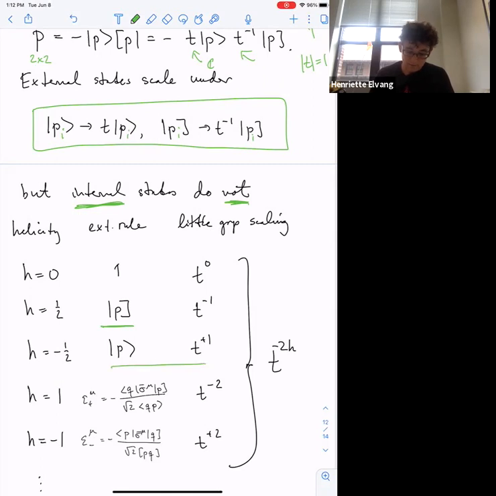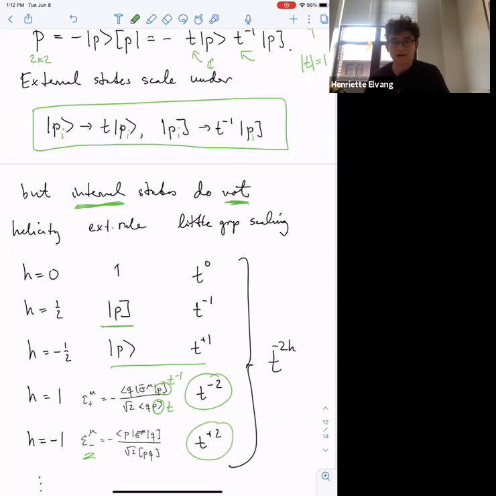And then if you go through and look at the polarization vectors that I just told you, you see that for the positive helicity polarization, there'll be a t to the -1 from the numerator and a t to the -1 from the denominator. So all in all, that gives you t to the -2. And for the negative helicity one, you get the opposite.